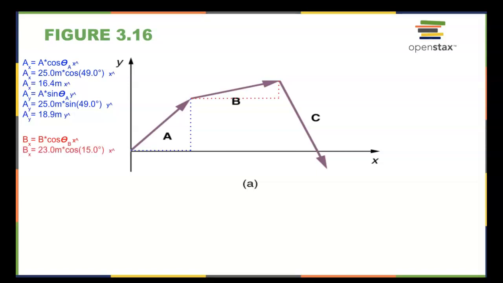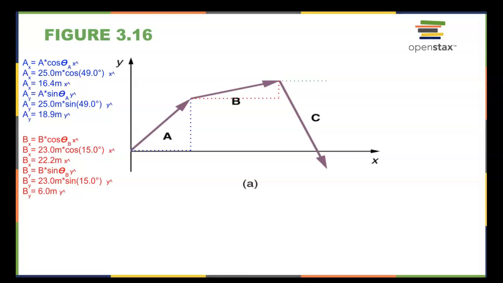B in the x direction is therefore 23 meters times the cosine of 15 degrees, which is 22.2 meters, x hat. And so every time I'm saying x hat or y hat, that just means in the x direction or in the y direction. B subscript y is B times sine theta B, y hat. So 23.0 meters times sine of 15 degrees, and I get that the y component of B is 6.0 meters in the y direction.